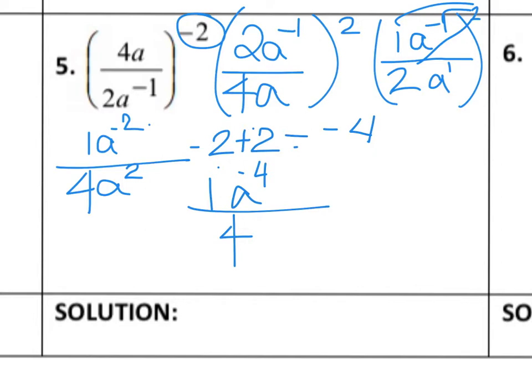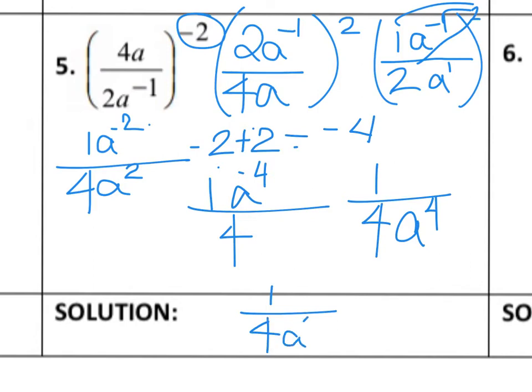And the last thing I'm going to do is deal with the negative exponent by moving it down to the bottom. So I still have 1 over 4, but I'm going to kick that a to the negative 4 down to the bottom until it becomes positive. So now my answer would be 1 over 4a to the 4th.